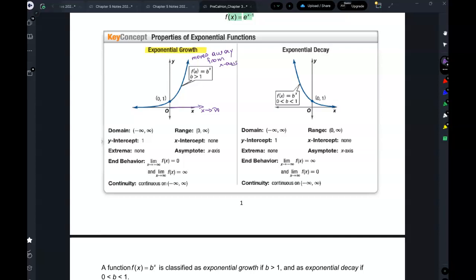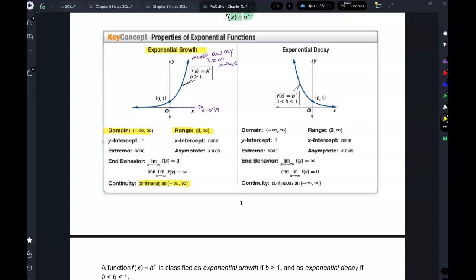That would be growth. The domain of all exponential functions is always all real numbers. The range in this case is from 0 to infinity, or if it goes below, it's going to be 0 to negative infinity. And then, we can figure out the end behavior. All exponential functions are continuous from negative infinity to positive infinity.